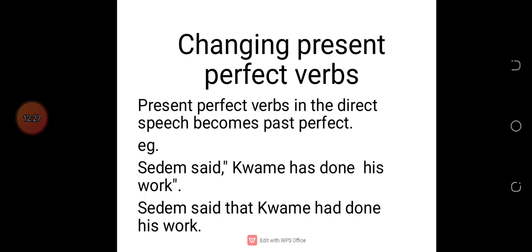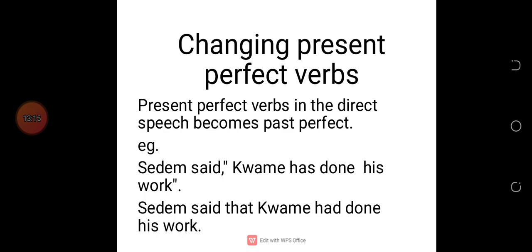For a present perfect tense, we say that it is a tense used to express actions that happened only a short time ago, and it is formed using the auxiliary verbs has and have plus the past participle form of the main verb. So like I said, we should know what the verb is in the sentence.